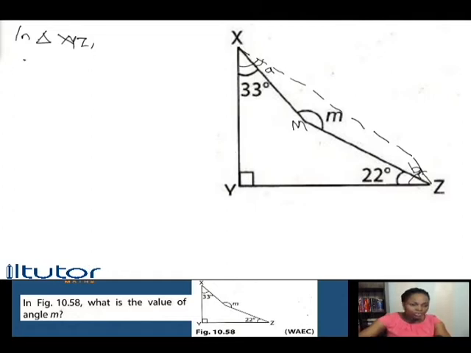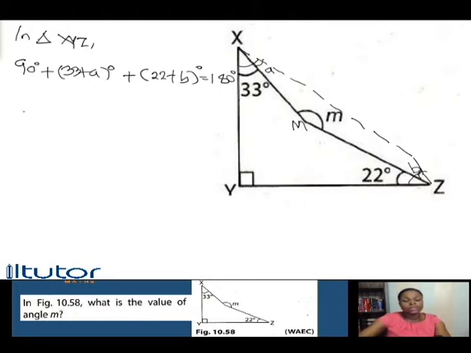We have 90 degrees plus 33 plus A degrees plus 22 plus B degrees equals 180 degrees. Sum of angles in a triangle.